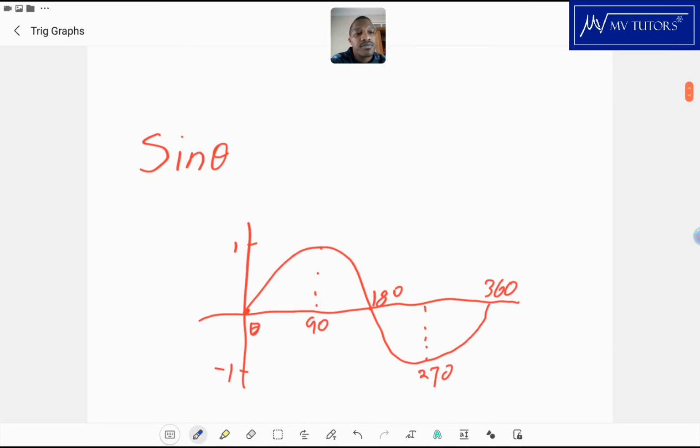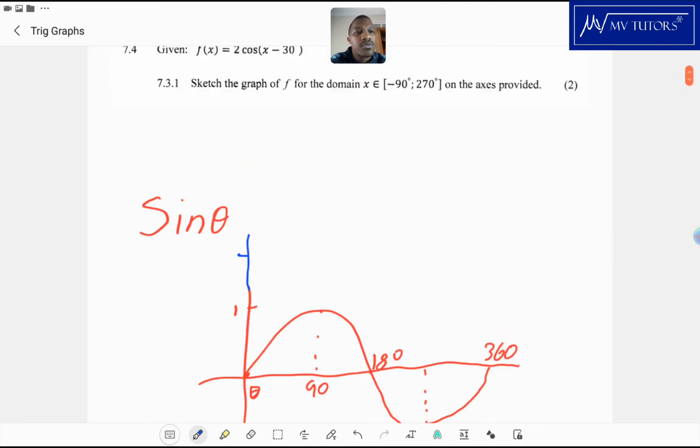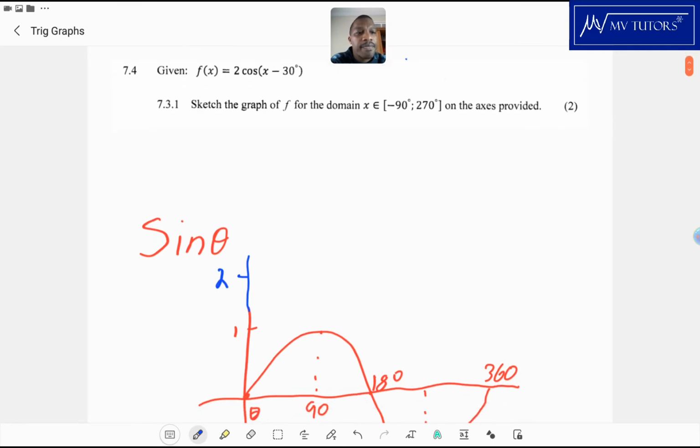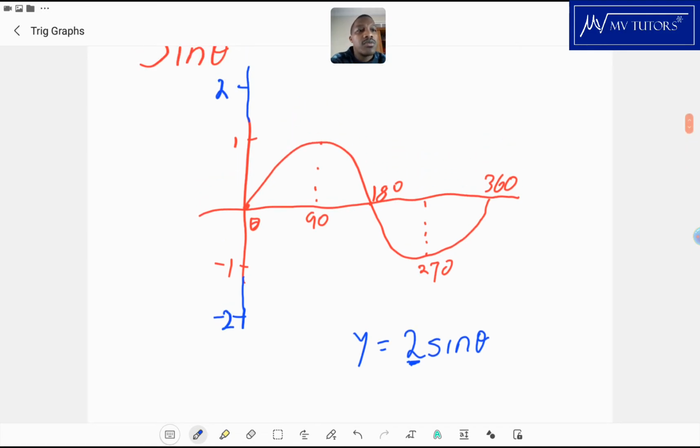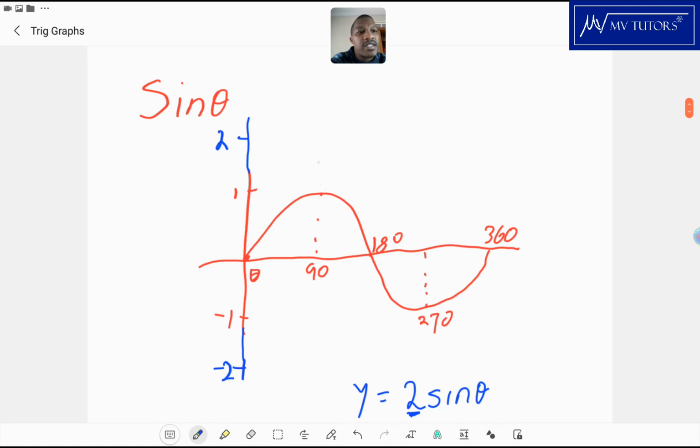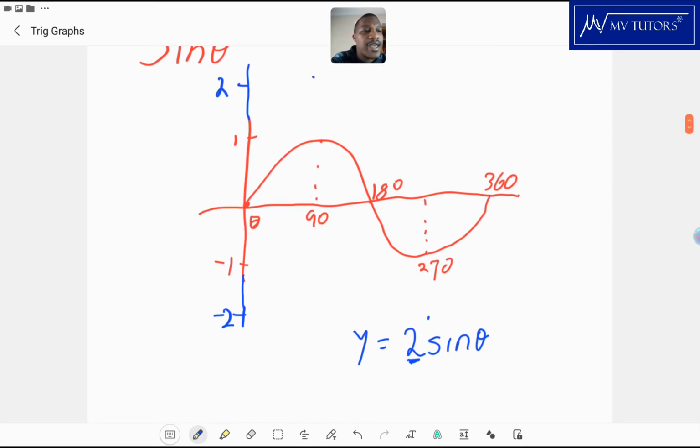So the only thing that it does is that you would then extend your graph, and since it's a 2, we just put a 2 there and a -2 there. It only affects the amplitude. So now at 90, it will be 2. At 270, it will be -2. All the other points at 0 will stay 0. All the other points remain the same.